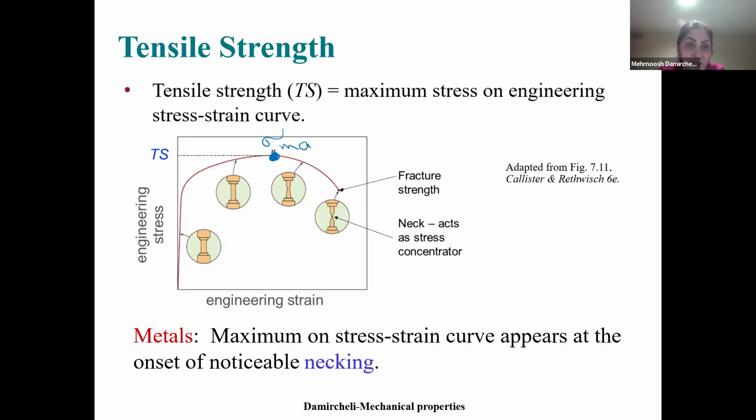If we call the maximum sigma max, the tensile strength, the fracture point is here, so sigma F is lower than this. This phenomenon after the maximum is what we call necking.